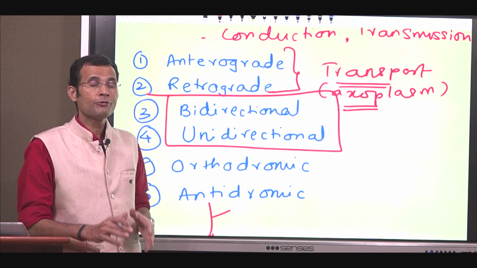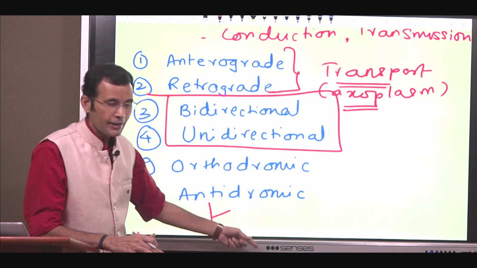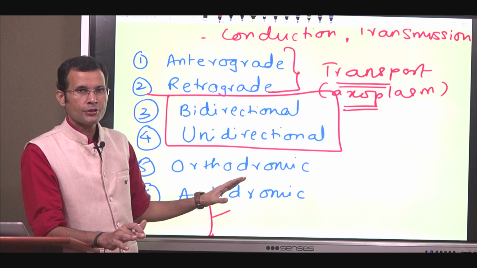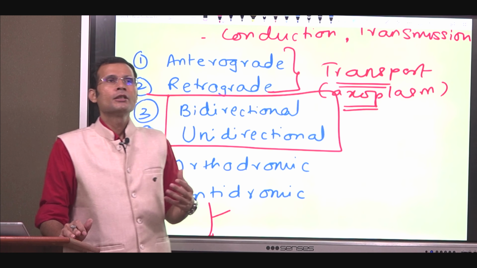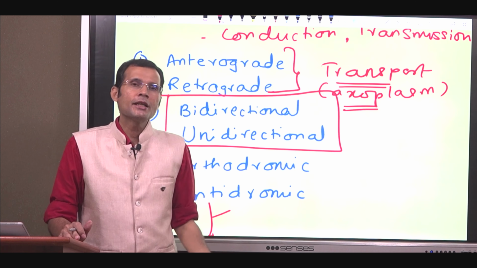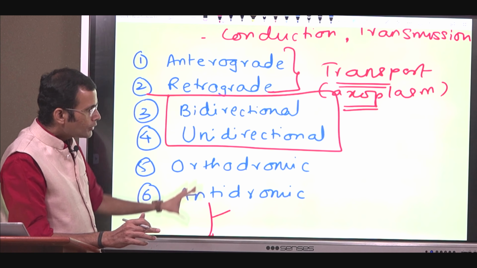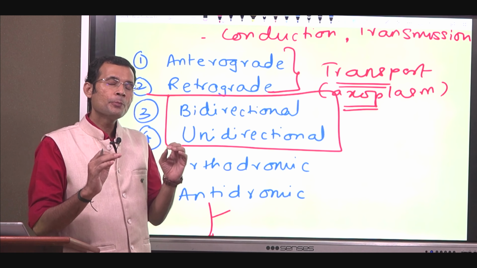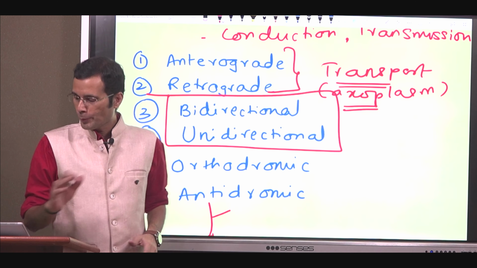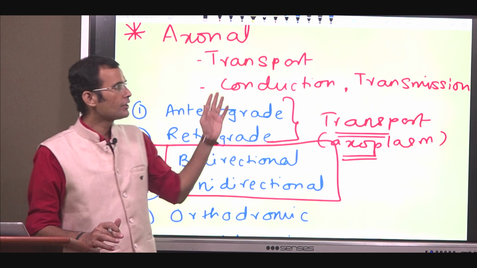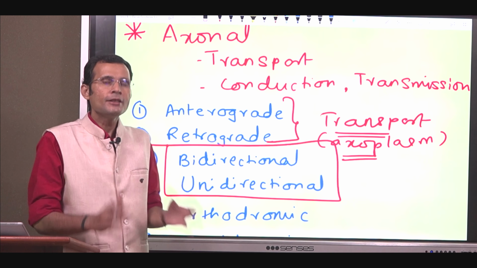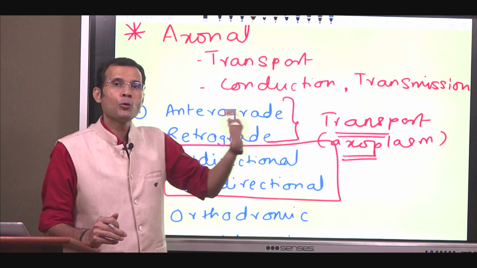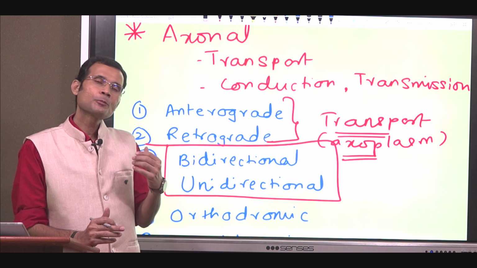Well, there is flow of ions through the axoplasm in these cases also, but let's have this differentiating feature: the first two terms were transport of various materials, whereas the remaining terms are related to impulse transmission or impulse conduction or impulse propagation. So please remember, conduction, transmission, propagation, these terms are used for impulse, and transport is for transport of materials.